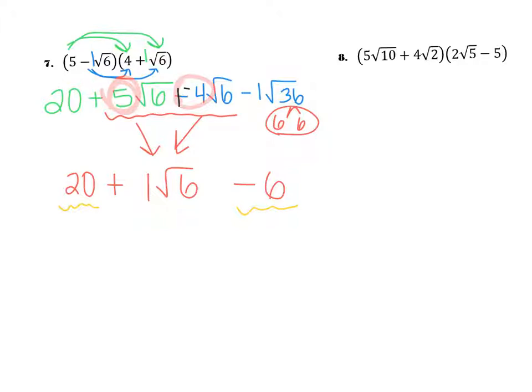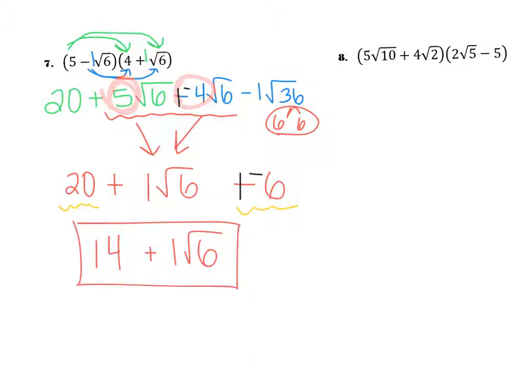I can add the 20 with the, let me change that to plus a negative 6. So I'm going to add the 20 with my negative 6 to get a 14 for my whole numbers. And then remember, we have 1 square root of 6. And 14 and the 1 square root of 6 can't be added together. One's a whole number, one's a radical. So we are completely simplified, final answer.